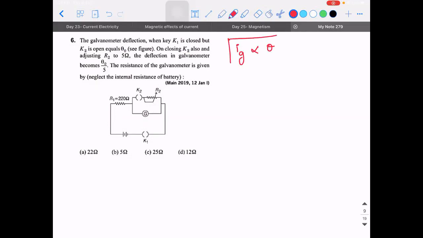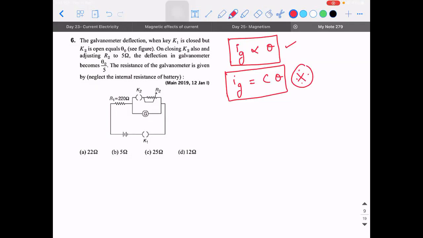Smaller the value of Ig, smaller is going to be the deflection. So Ig, the current through the coil of the galvanometer, is directly proportional to theta. If I remove the proportionality symbol, then we can introduce a constant C into theta. Have this in your mind. This is not a formula. This is how we have obtained it. I hope you understood the logic.